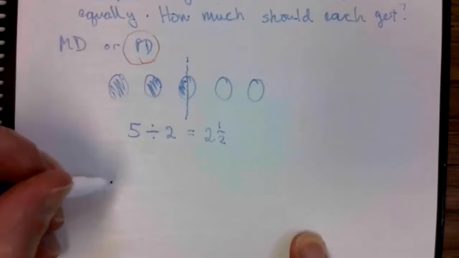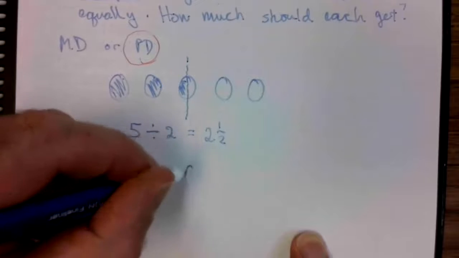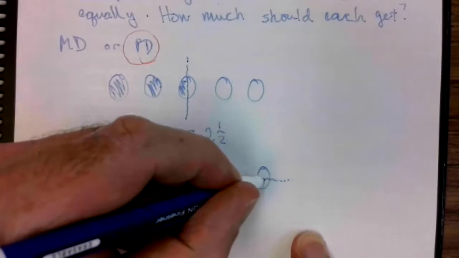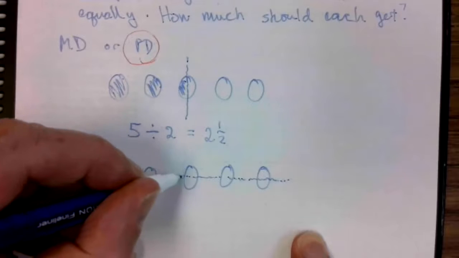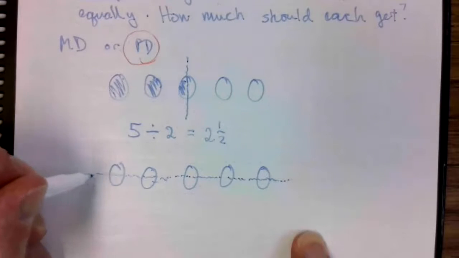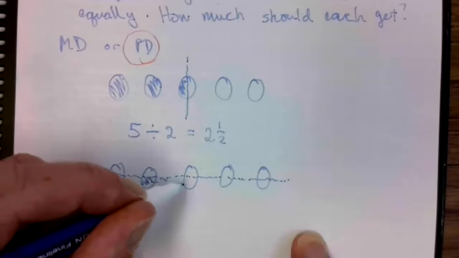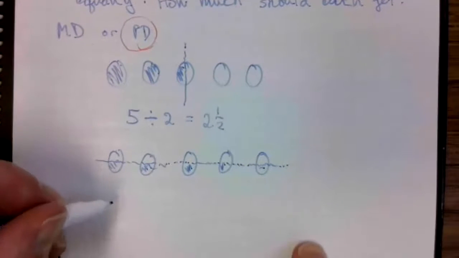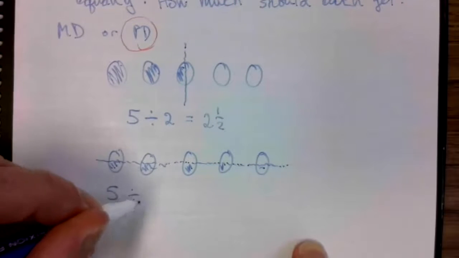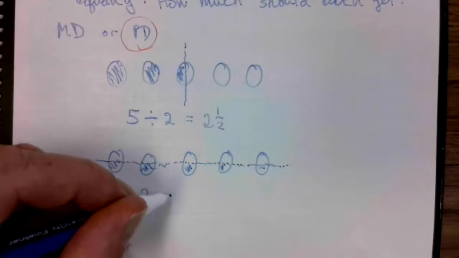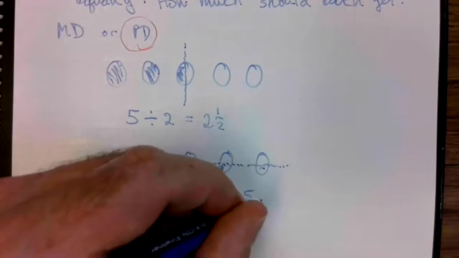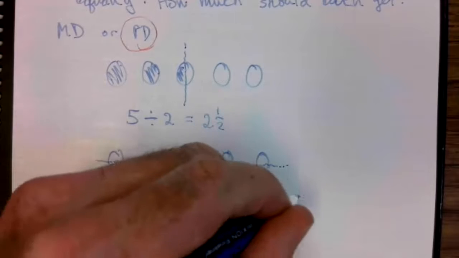Now what if I said this? What if I said, okay, I'm going to divide it differently. I got my 5 cookies here. I'm going to divide it into 2 equal parts by doing this. Okay, so 5 divided by 2 means 5 half cookies.